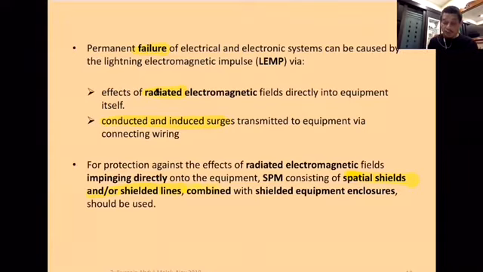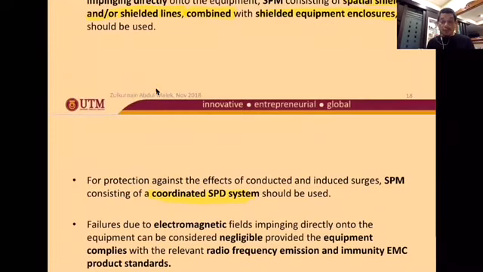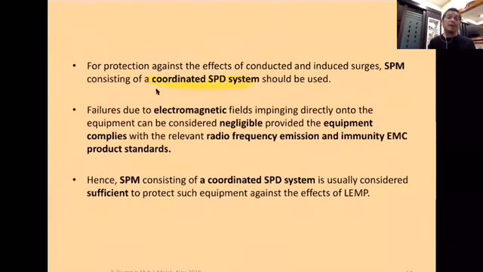Or you can combine them, or you can use what we call equipment shielded at the equipment level. But you can also protect your system using zoning by a coordinated SPD system. So you can reduce the radiation by shielding, and you can reduce the damage due to surges using SPDs.